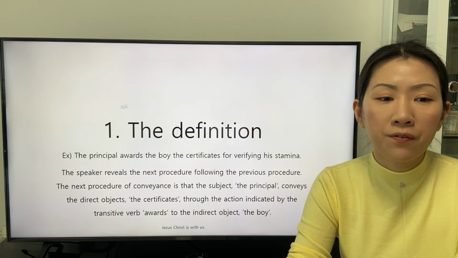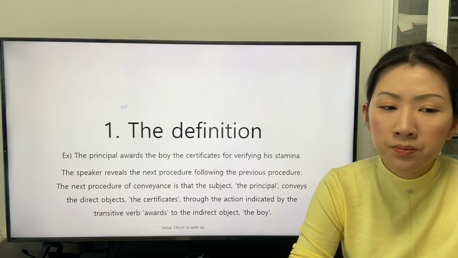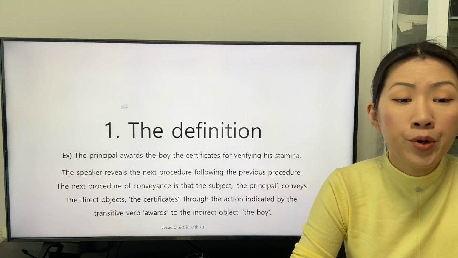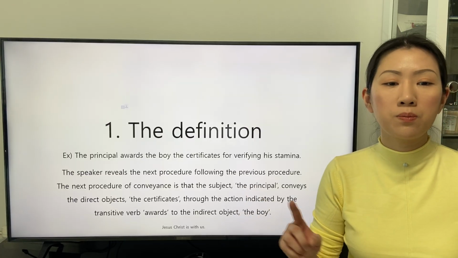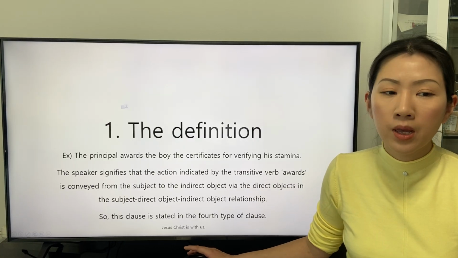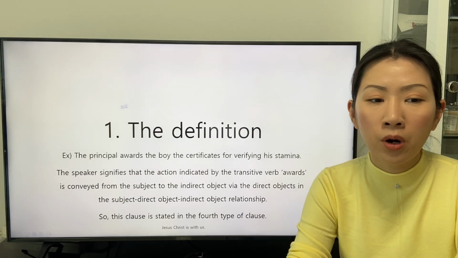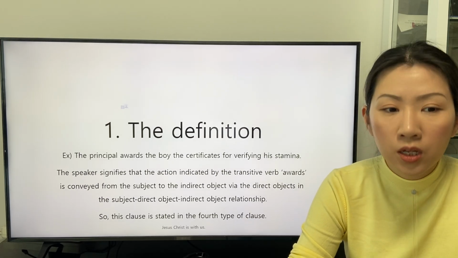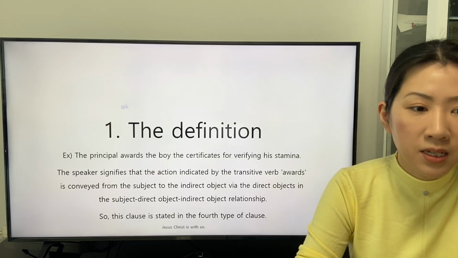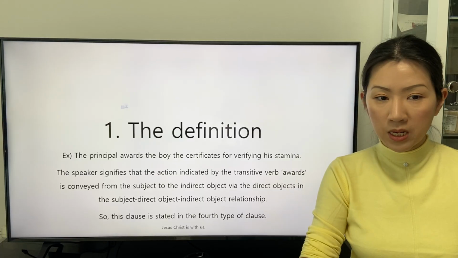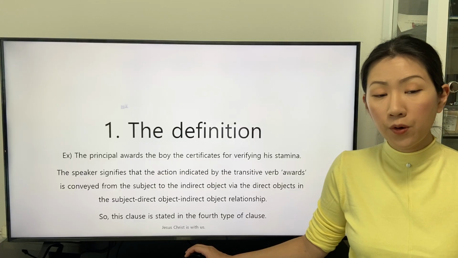The next procedure of conveyance is that the subject, the principal, conveys the direct object, the certificate, through the action indicated by the transitive verb award to the indirect object, the boy. The speaker signifies that the action indicated by the transitive verb award is conveyed from the subject to the indirect object via the direct object in the subject, direct object, indirect object relationship. So this clause is stated in the first type of clause.